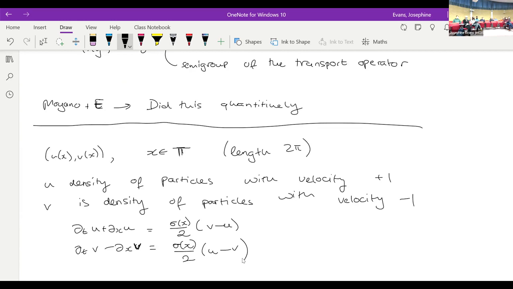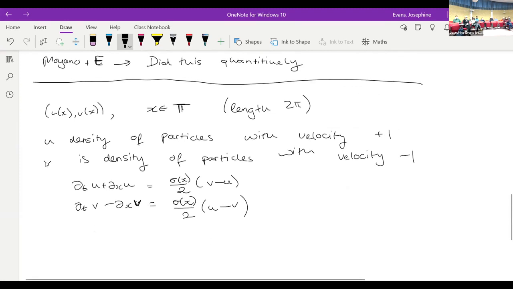So if sigma does not depend on x, then this is a very simple playground kinetic model where you can compute everything, you can solve it by Fourier transform, and you can do anything you want to find out what you have about the model. When sigma depends on x, it's a bit more complicated. It's difficult to do lots of things explicitly.